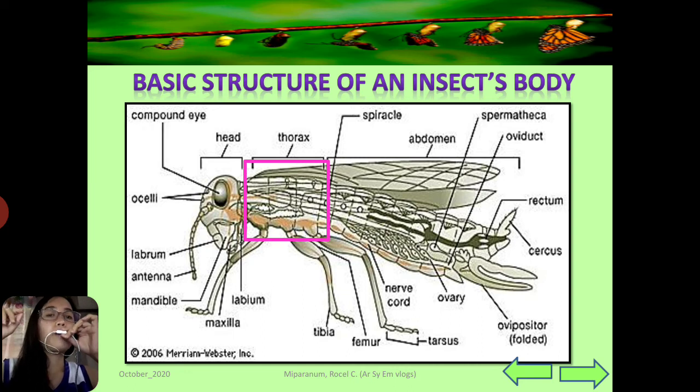In this thorax region you can find two pairs of spiracles.